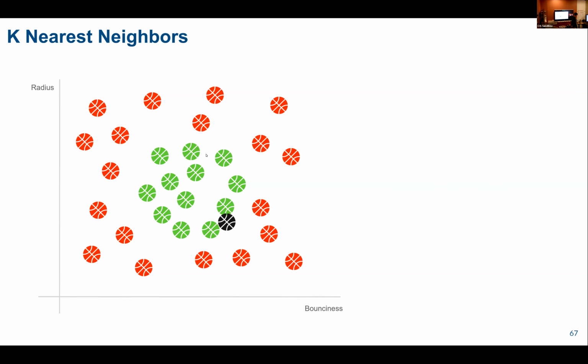So let's say this basketball that we're about to buy falls somewhere there, right? So if we take, say, the 5 nearest neighbors, then we can see that we will buy this basketball because the 5 nearest neighbors are 3 buys and 2 don't buys. Okay, and buy outweighs don't buy. Now, the number of parameters, so k equals 5, whatever k is, that's another hyperparameter for us to consider.